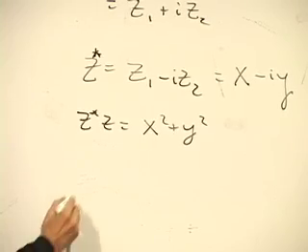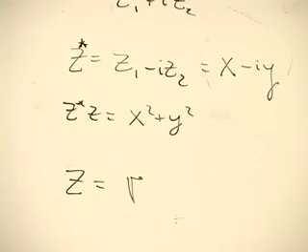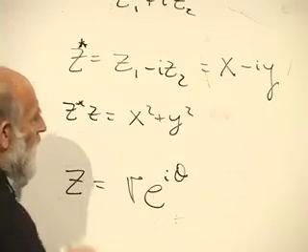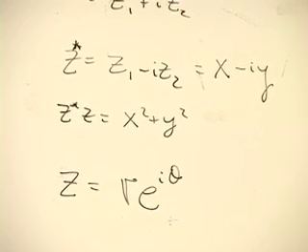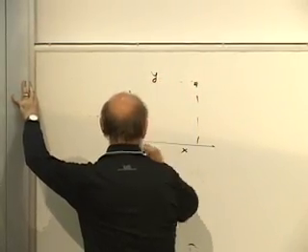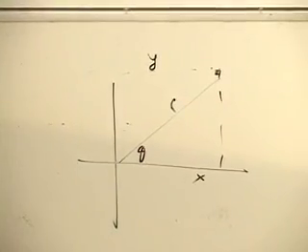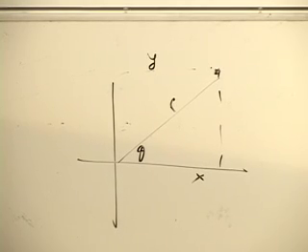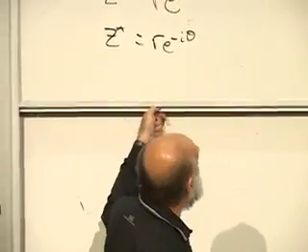And finally, every complex number can also be written as a magnitude r times e to the i theta, where theta is an angle between 0 and 2 pi. It represents the position of the complex number x, y, or it can also be written in terms of r and theta, r e to the i theta. Oh, last thing, z star is r e to the minus i theta. All right, that's your course in complex numbers.